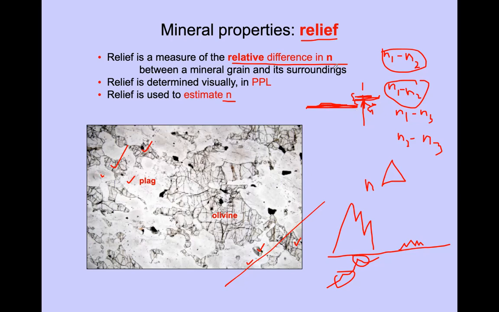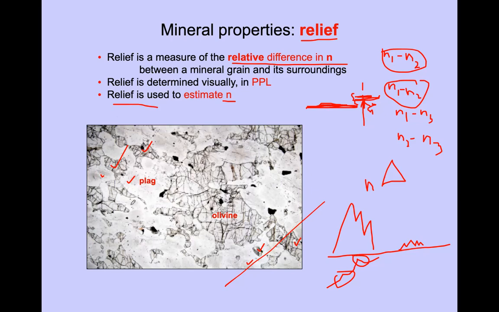So anyway, this relative difference in refractive index will give you the amount of relief that you observe. So this high relief, low relief, moderate relief, like that you can estimate, right? Normally we estimate this relief, whether it is high relief or low relief. So here you can see this plagioclase is very plain, very low lying.